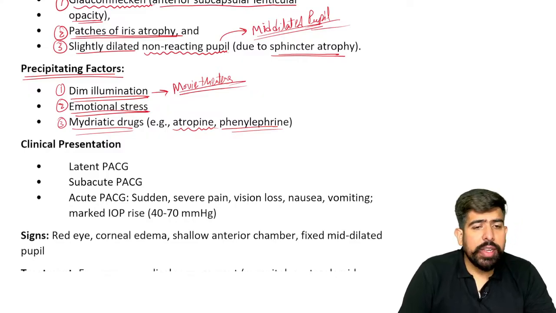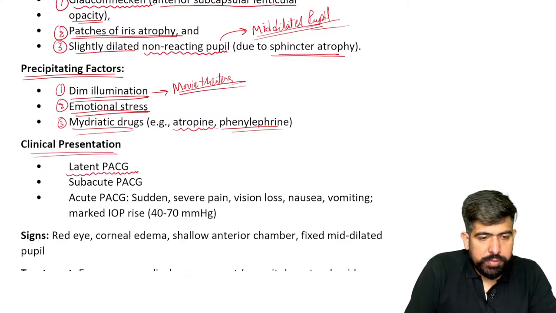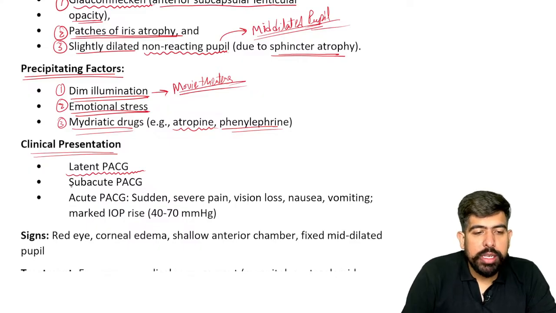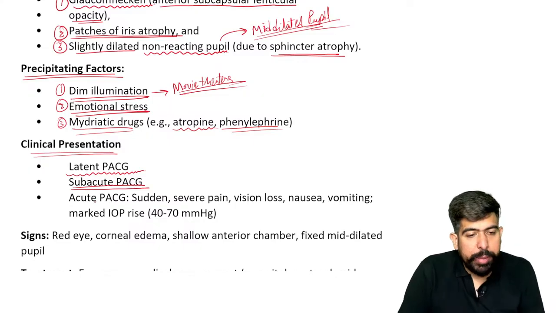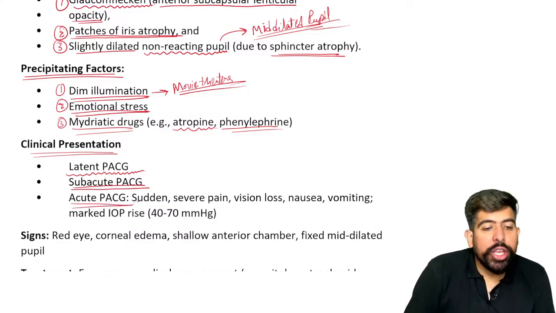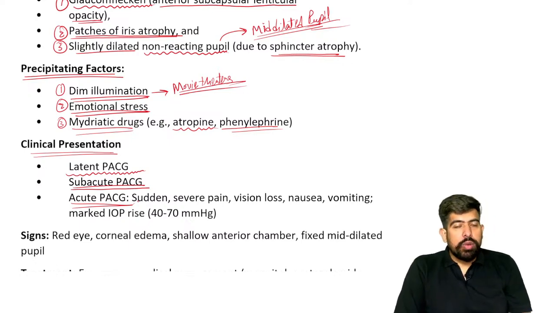But what kind of clinical presentation will there be? In the clinical presentation, there is latent primary angle closure glaucoma, or maybe subacute primary angle closure glaucoma, or maybe the patient is coming with acute primary angle closure glaucoma.